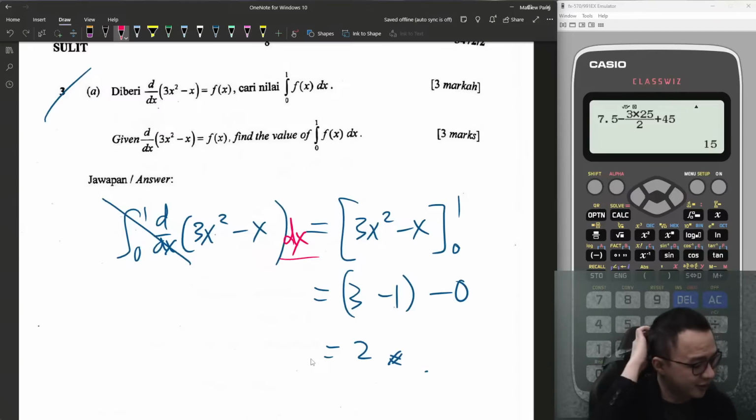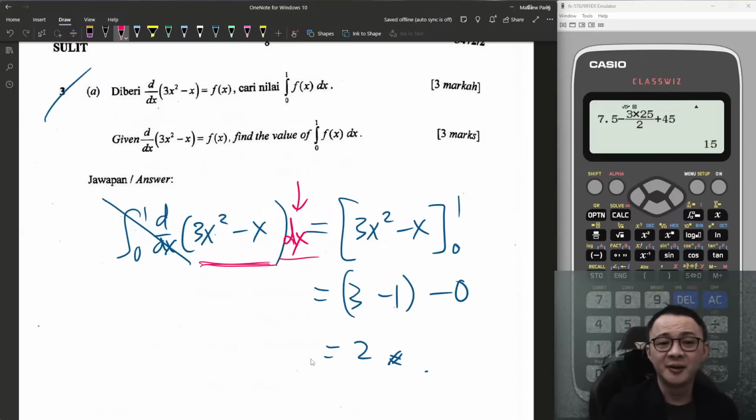The dx is just telling you that you can start to do the integration when it's in terms of x. But when you go to a higher level like A level, they will find a way to sub the dx into u and make the whole thing more complicated. But in SPM, if you forget to write dx, with lowest mark I think maybe it's fine.